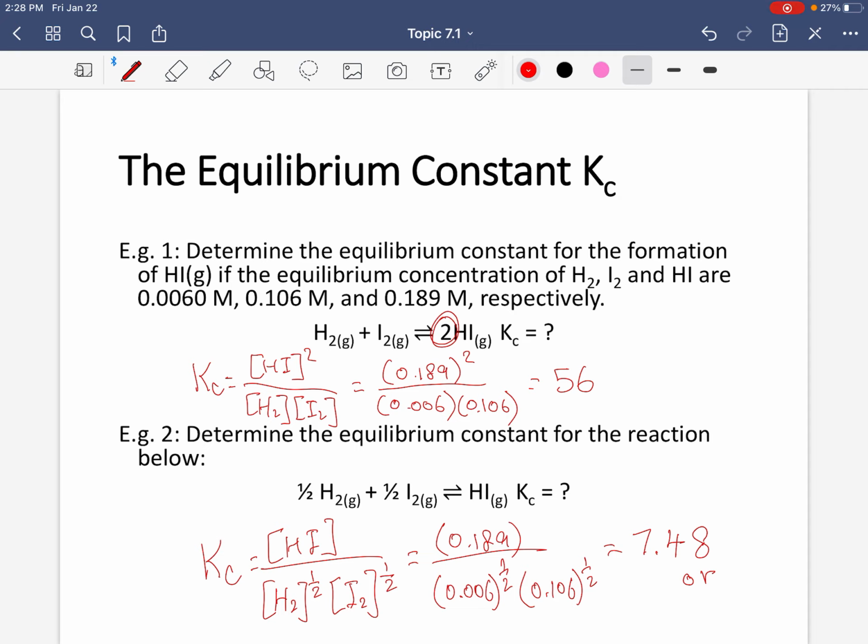Check this out. Kc is actually equal to the square root of 56, because if you do that, you'll also get 7.48. So if you divide the coefficients by half, you will root.